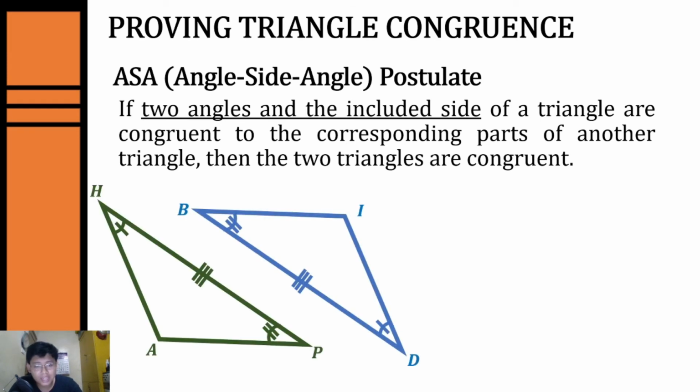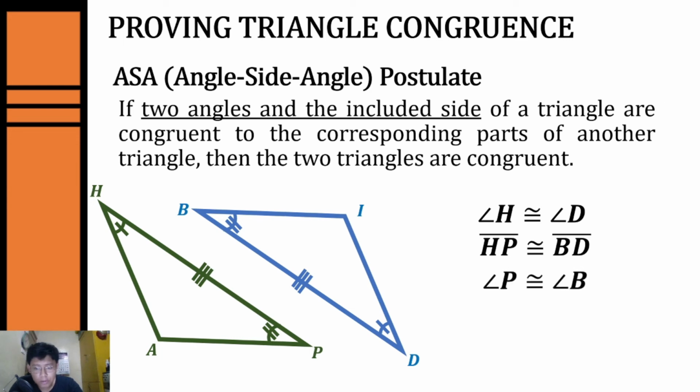For this example, angle H is congruent to angle D, and side HP is congruent to side DB. Also, angle P is congruent to angle B. This is enough to conclude that triangle HAP is congruent to triangle BID.